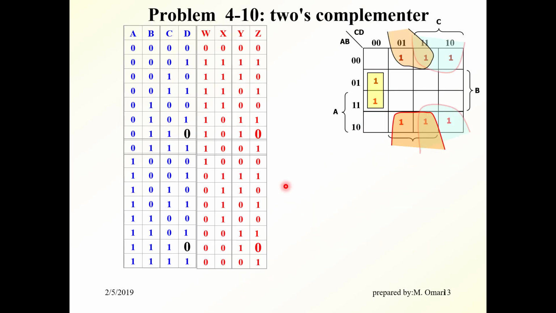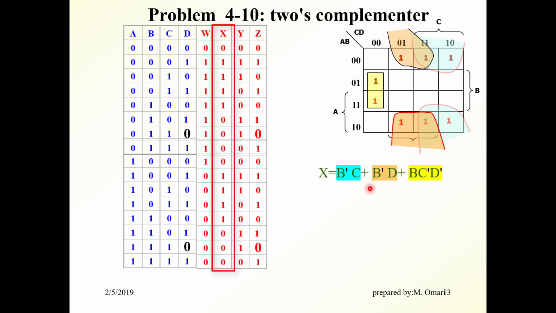We go to find X. X, if you map it from the truth table into the K-map, you will get these minterms in the K-map. Then we have this group, and this is the second group, and this is the third group.